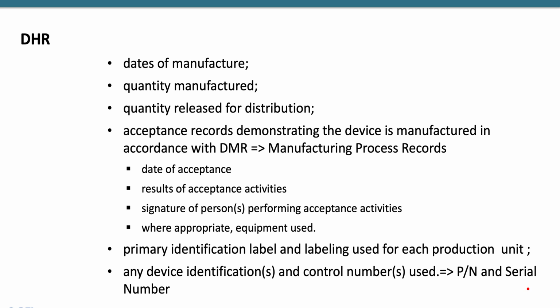In a lot of cases, it's the same. And it includes the control numbers used, identification numbers used, part number and serial number. In addition, it includes the list of manufacturing process records and other records that are specific for this production unit, such as the label for this specific unit, etc.